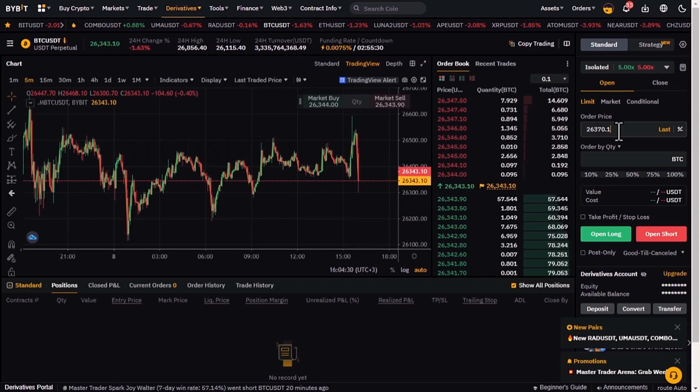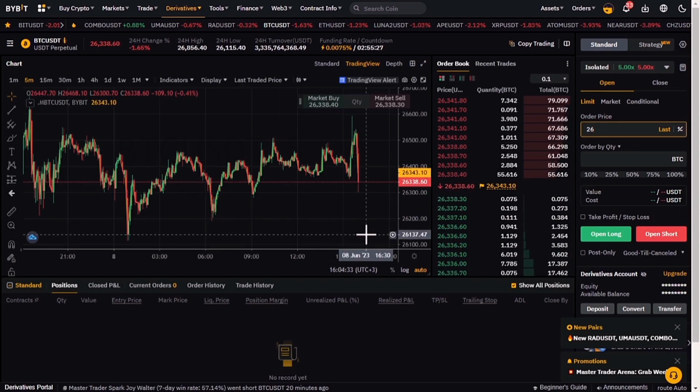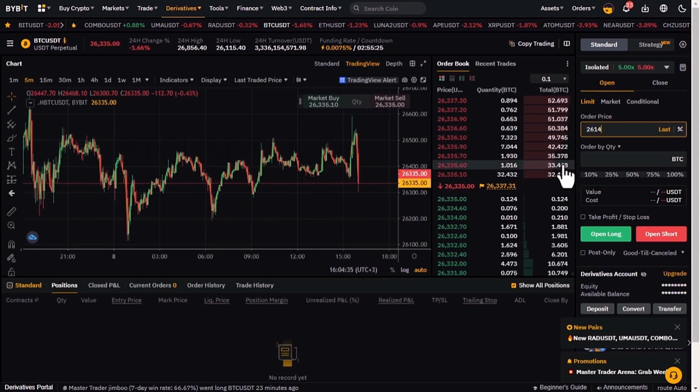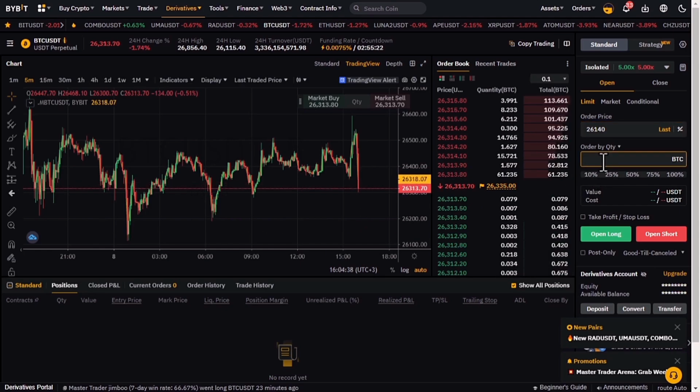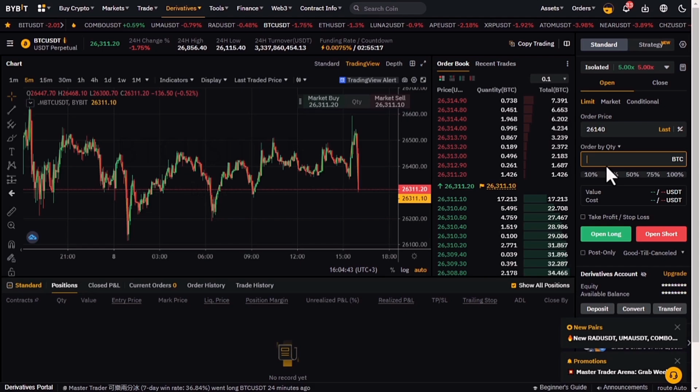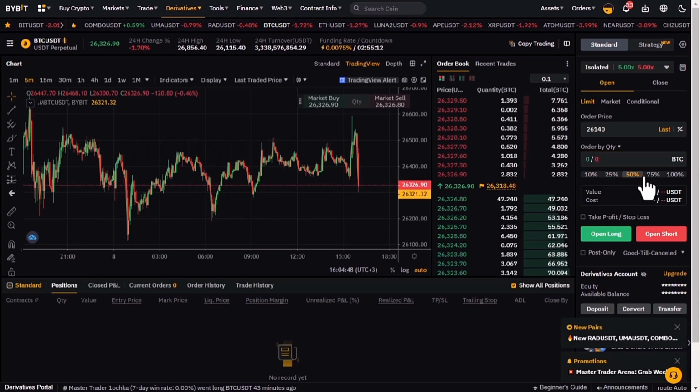I'm going to enter this amount, 26,140, and the amount of BTC I want to trade. You can just enter an amount that you want, or you can choose 1, 25%, 50%, 70%, or 100% of your balance to enter the trade, and then open long or open short, whatever your prediction is.